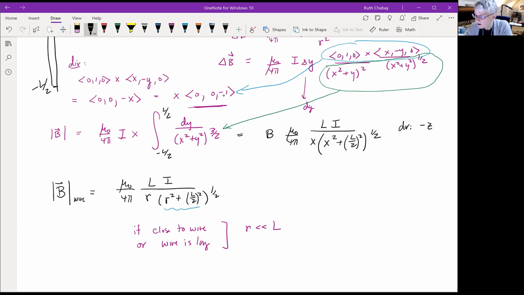And so we can get an approximate equation that'll actually tell us something about distance dependence.